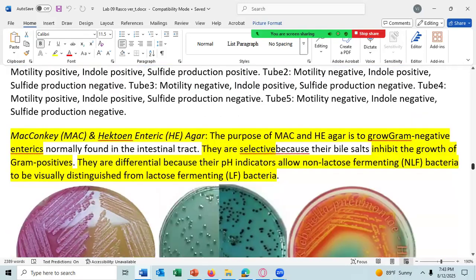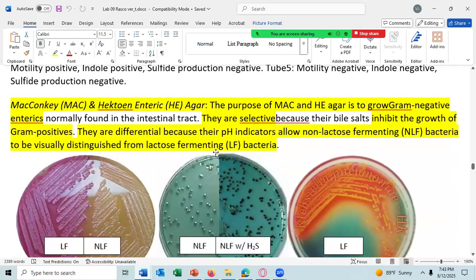I've already talked a little bit about the HE test. Let's talk about growth on MacConkey's and HE. Both MacConkey's and Hektoen enteric agar are selective for gram negatives. So if you get growth on either the MacConkey's or the HE plates, then you probably have a gram negative.